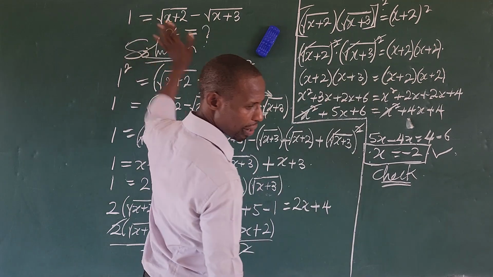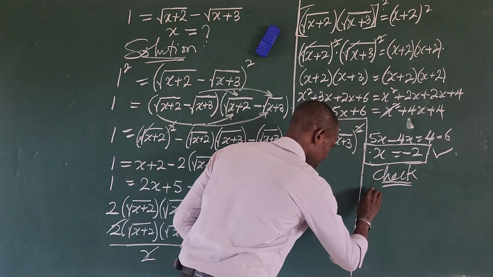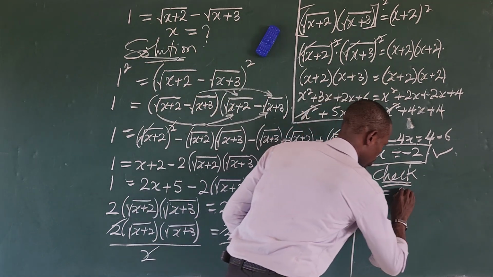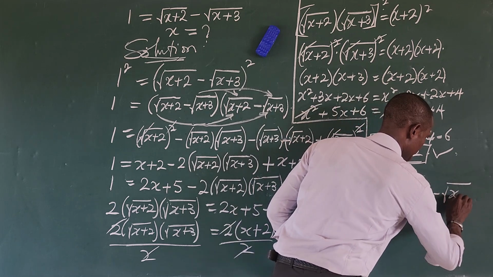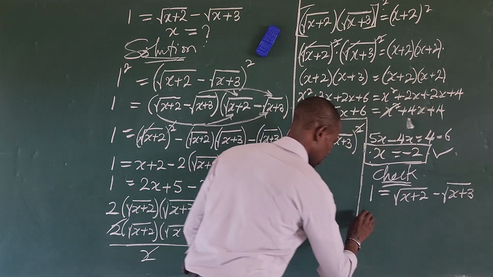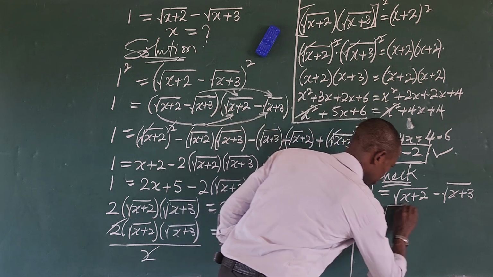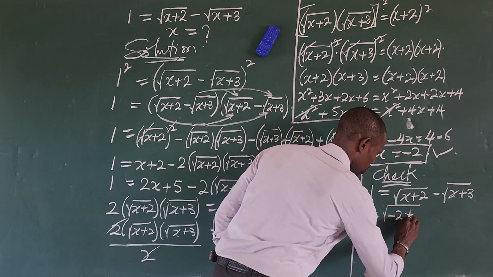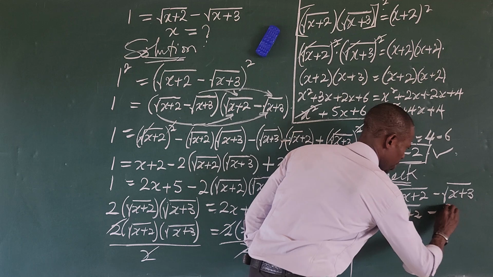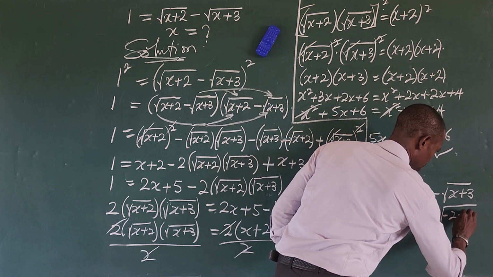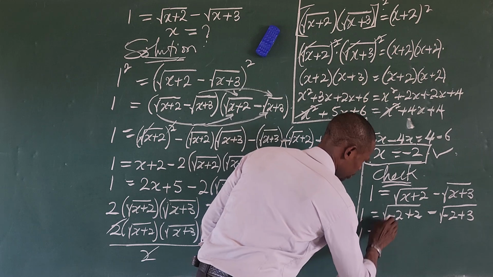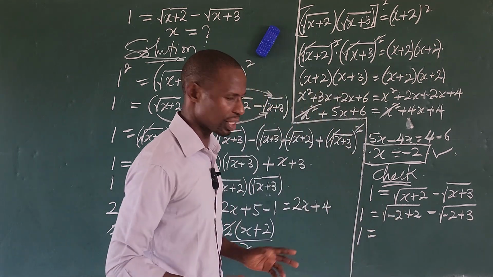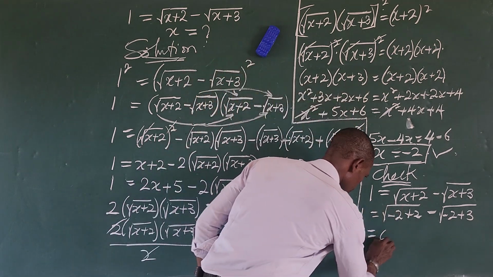So we put down our original equation, which is 1 equal to the square root of x plus 2 minus the square root of x plus 3. Let's quickly substitute in and see what this gives us. We're going to have minus 2 plus 2, then minus the square root of minus 2 plus 3. So we have 1 is equal to: minus 2 plus 2 will give us 0, and the square root of 0 will give us what? 0.